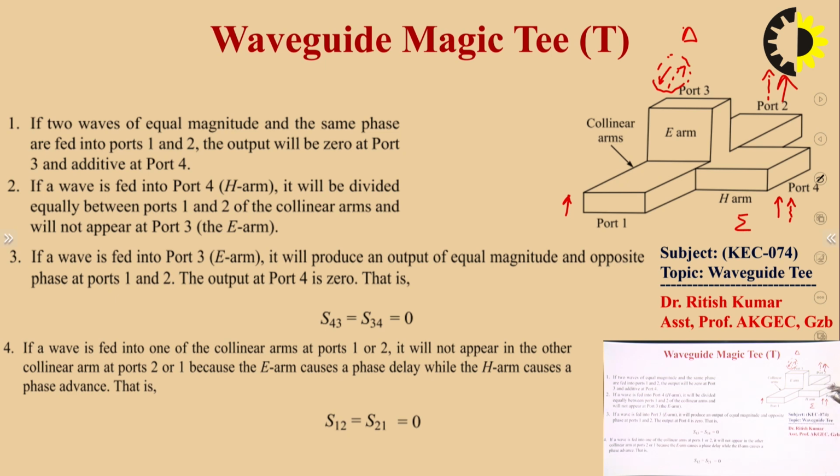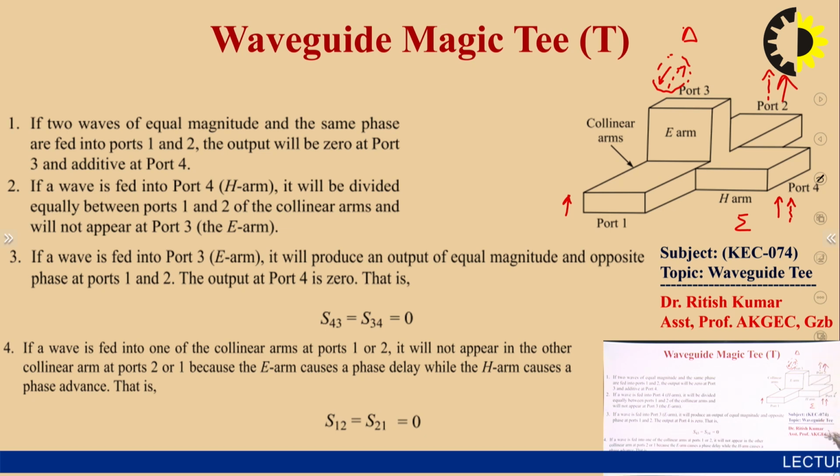Both ports can act at a time. One port will act as a subtractor port and another port will act as an adder port. This is in the case when you apply the same phase input at port number 1 and port number 2. If you apply the input at port number 2 in the opposite phase, then the subtractor port is converted into the adder port, and the adder port is converted into the subtractor port.